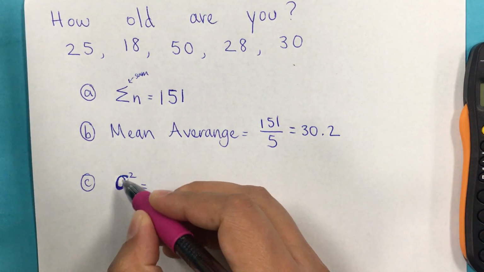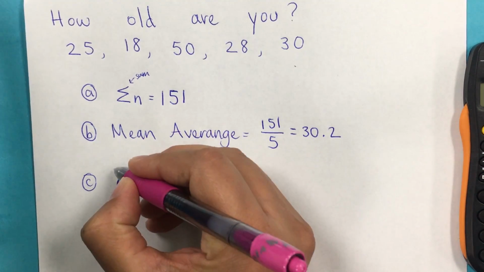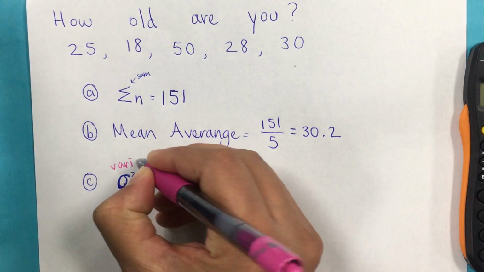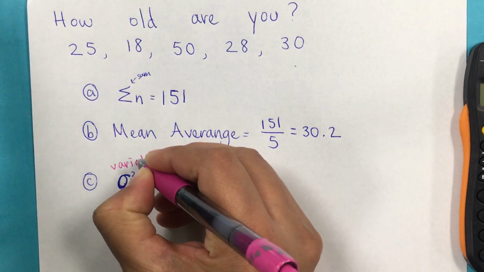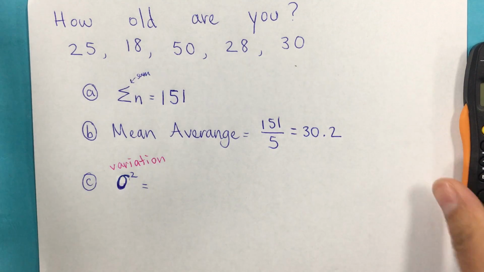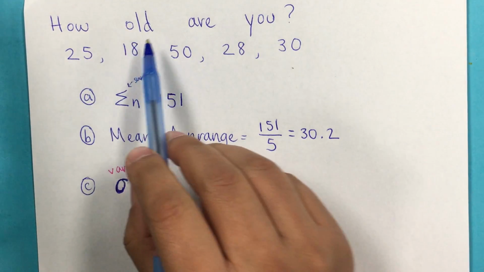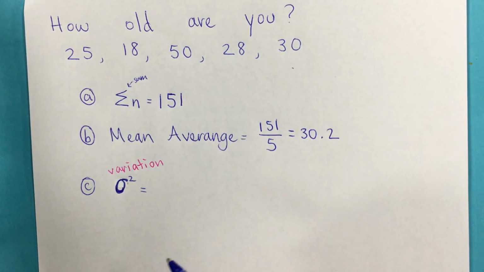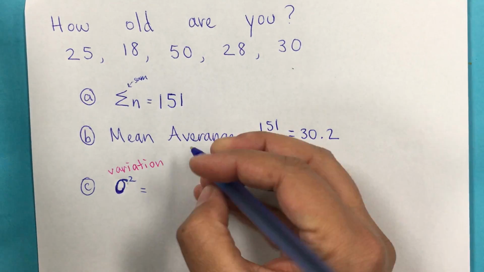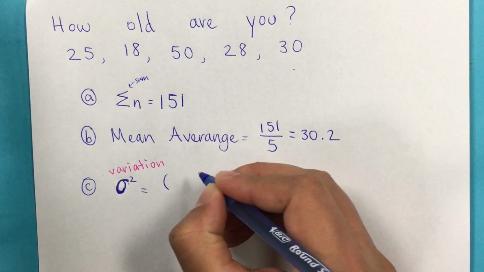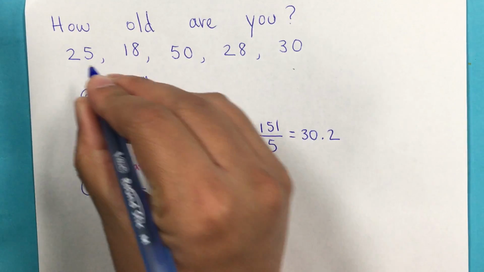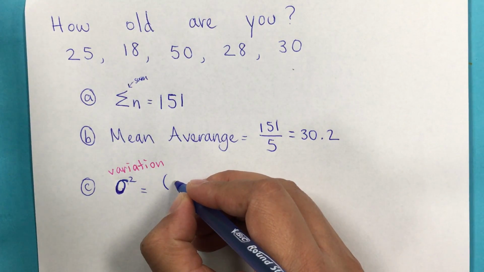And if you remember, again, sigma squared represents the variation. And how do you find that? You're going to get each individual number in the data set that we have here, and we're going to subtract the mean from each one of them, and square that.